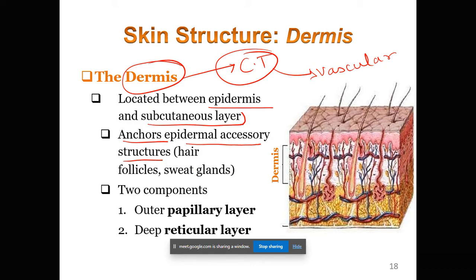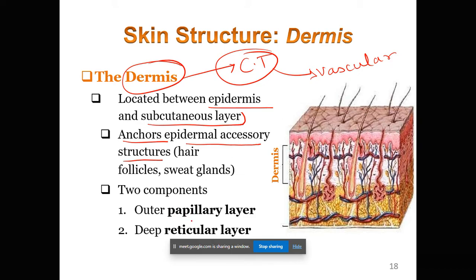Without this dermis, these structures won't stay in place. To hold hair follicles and sweat glands in one place, the dermis, that is the connective tissue layer, plays a very important role.